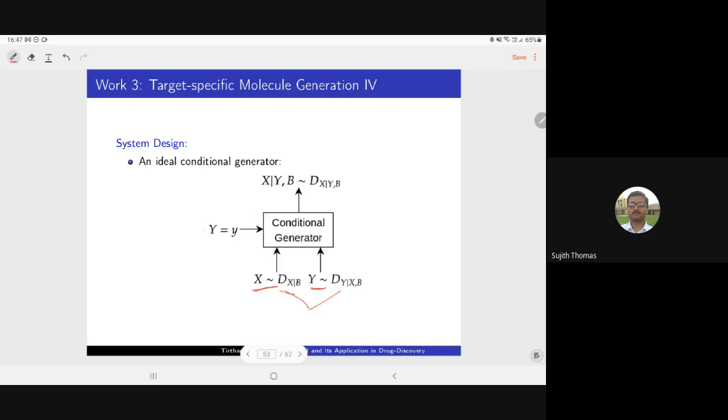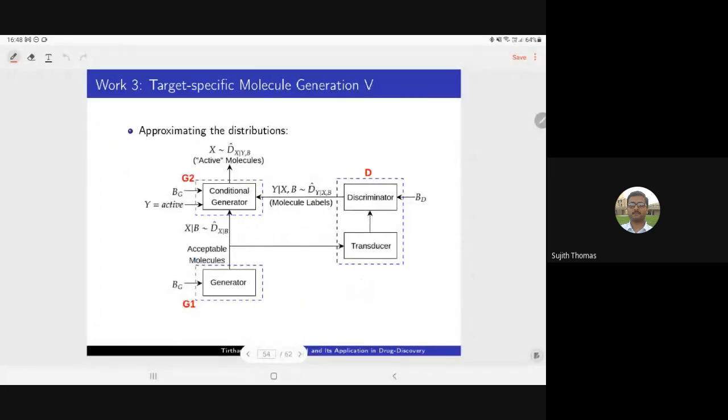And we have a key which says I want to generate molecules which are active. So y equal to y means active, say, and not y would mean non-active or inactive. So in the end, what we output is that we're able to sample x given active molecules, y equal to y, and the background knowledge B.